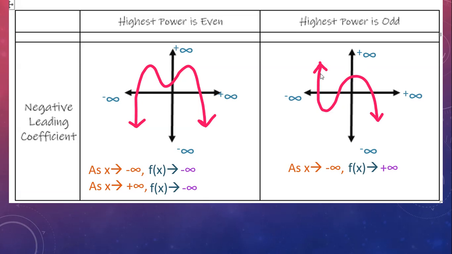Last thing, we're going to talk about the right-hand side as x goes to positive infinity. So here on the right, as the graph goes to the right, your arrow, or your f of x, points towards negative infinity.